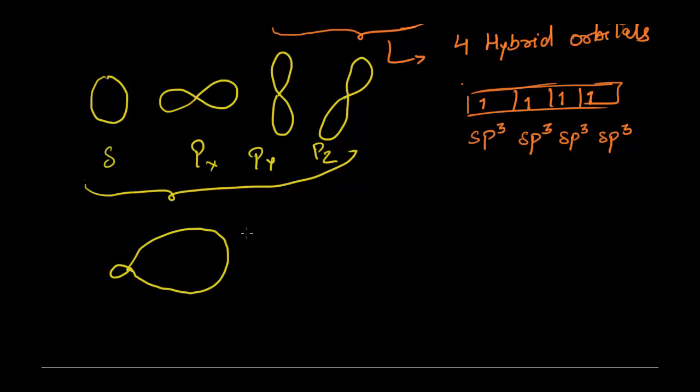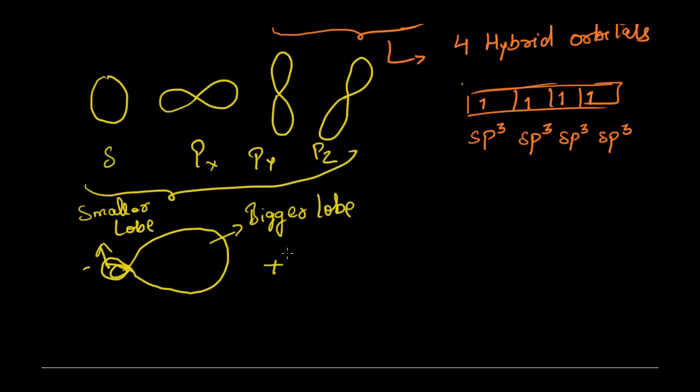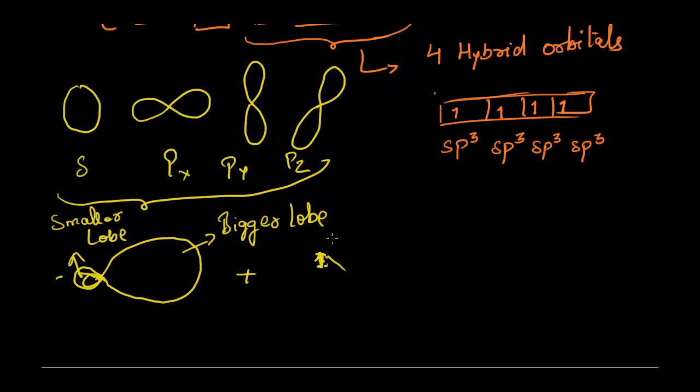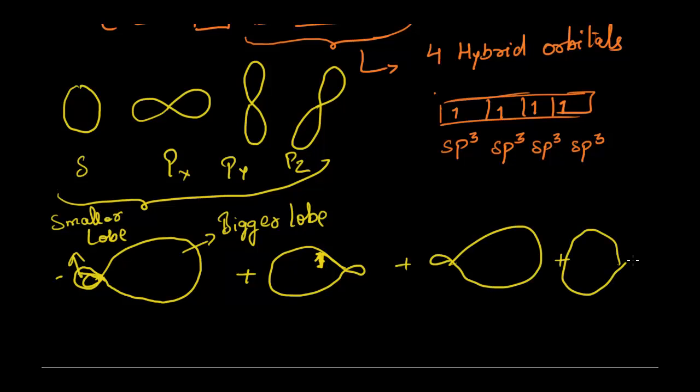So there is a bigger lobe and a smaller lobe. This lobe will be a little bit bigger, but let's assume this is the bigger lobe and this is the smaller lobe. And we'll get four hybrid orbitals like this. They'll be of the same shape and equal energy.